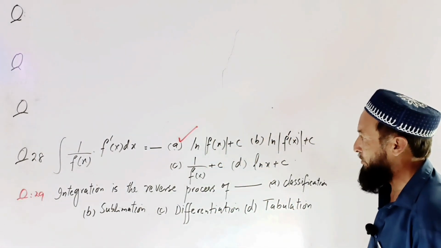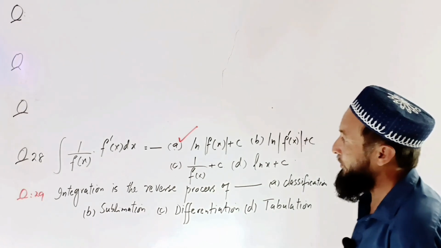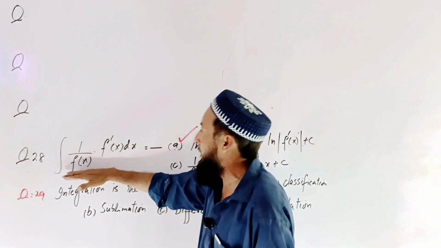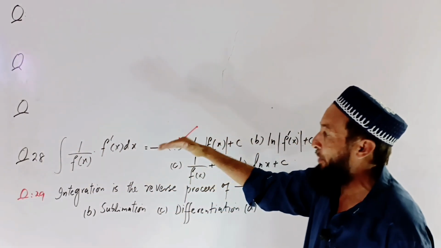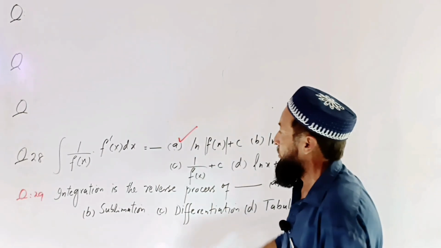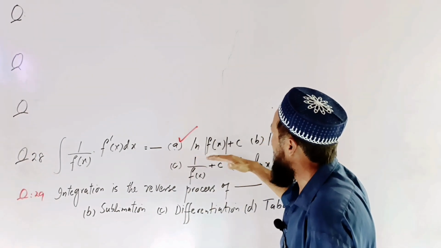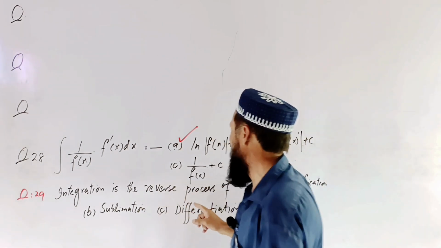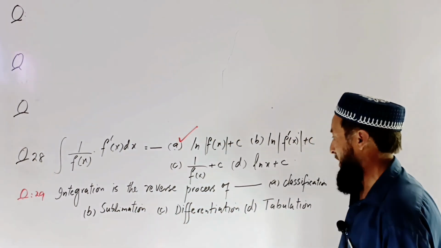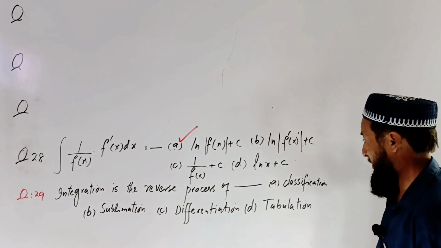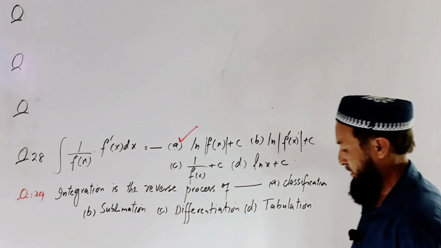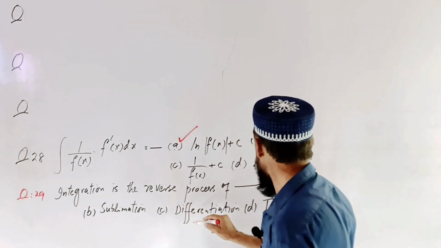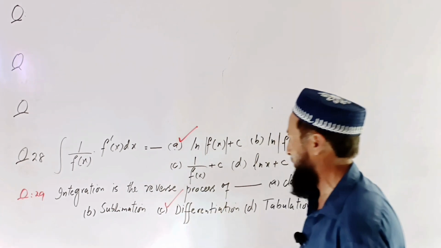You must remember this formula. When the function is in the denominator and its derivative is present in the numerator, we take log of f of x plus c. Integration is the reverse process of antiderivative, derivative or differentiation. So here option C is the correct answer.